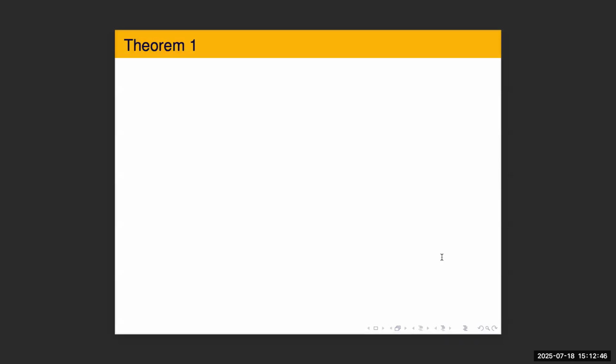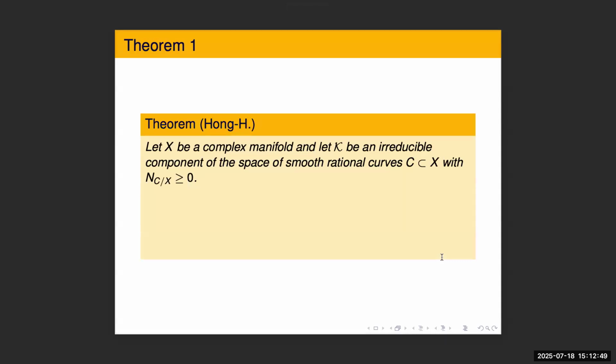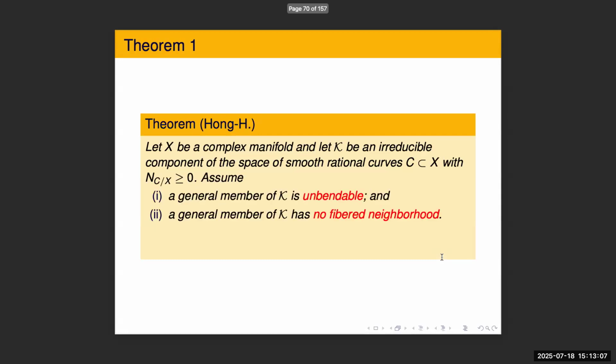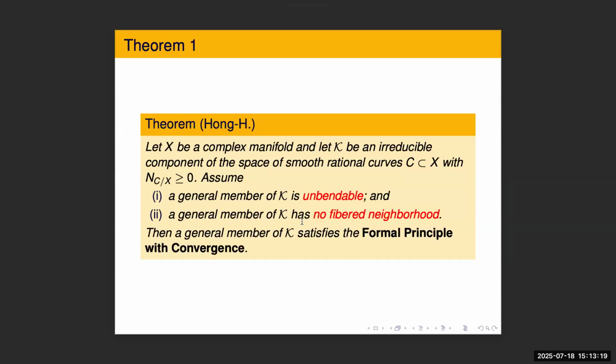The first theorem says the following. Given a complex manifold, we consider the space of smooth rational curves with semi-positive normal bundle, and we choose an irreducible component K. If a general member of this irreducible component is unbendable, and the general member has no fibered neighborhood, then a general member of K satisfies the formal principle with convergence.